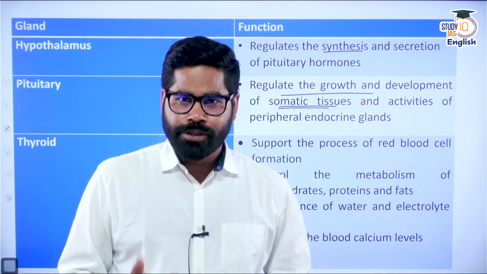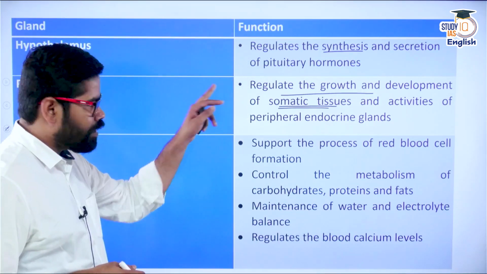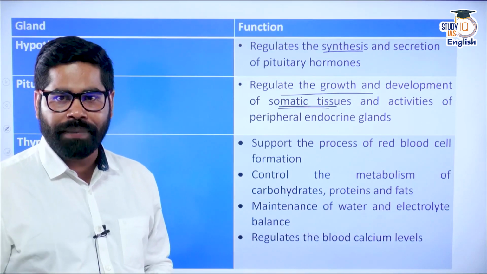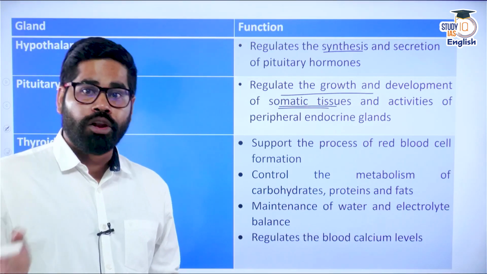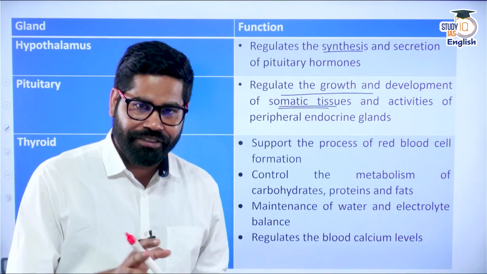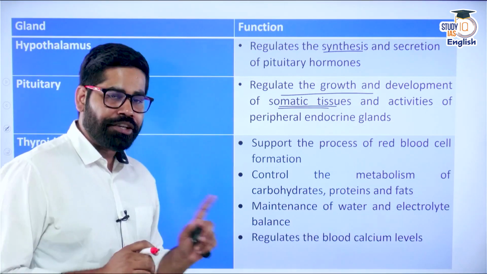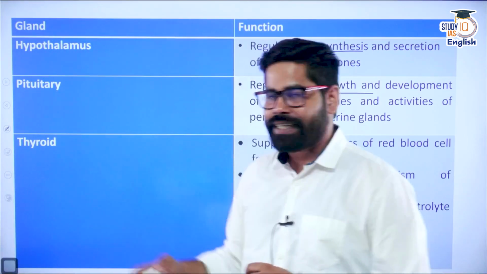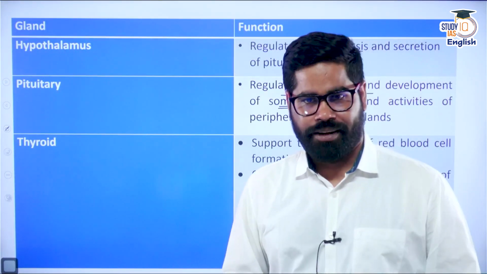So here, this pituitary gland is basically responsible for the growth and development of the somatic tissue, along with regulating the peripheral endocrine glands. Then the third important gland we have is the thyroid gland.